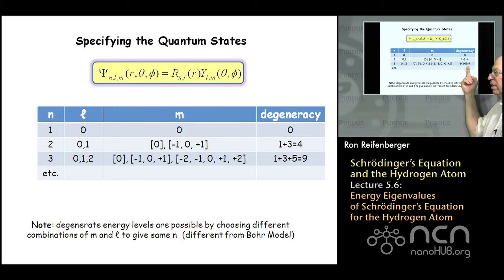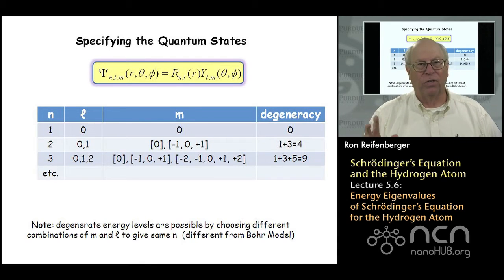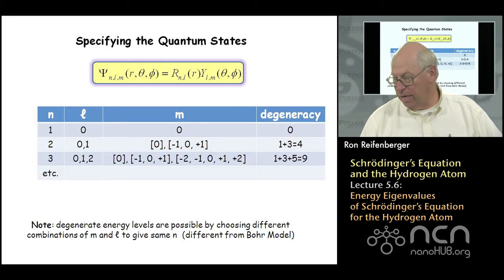But it basically is telling you that these different energy levels are degenerate, which means there are many quantum states that you can put an electron into and still have the same energy eigenvalue, E sub n. So I just list the degeneracy as a function of the principal quantum number n here, just to give you a sense of this new feature. This was not something that Bohr's model predicted, but it's an inherent prediction that comes out of Schrödinger.